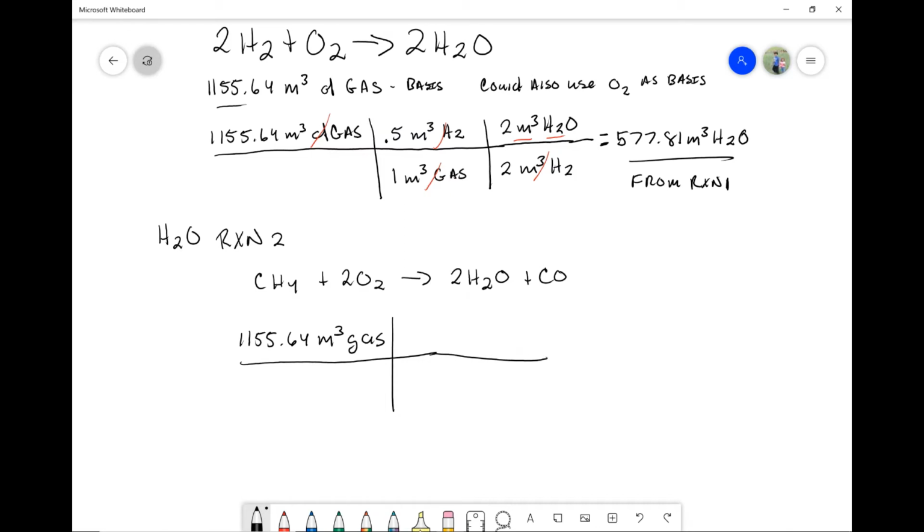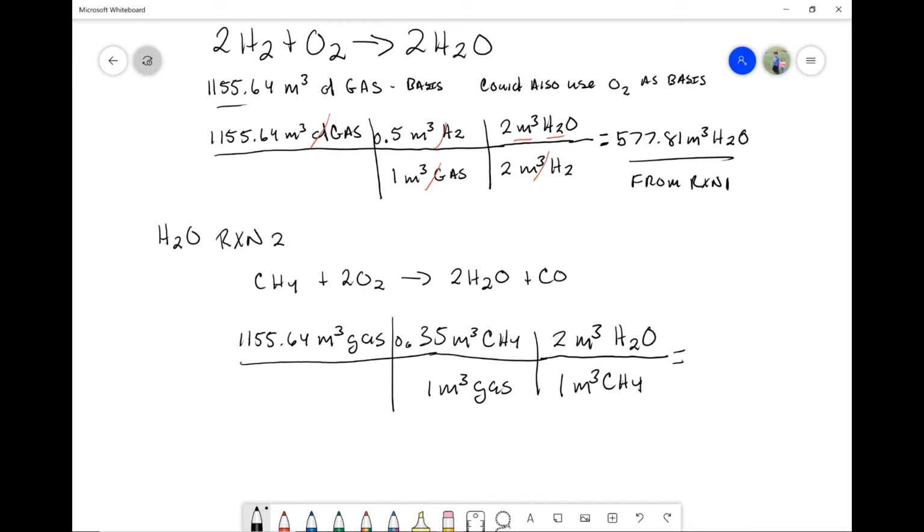And if you remember, it was 0.35 cubic meters CH4 per 1 cubic meter of gas. And we're interested in H2O. And so for every cubic meter of CH4, there are 2 cubic meters of H2O.